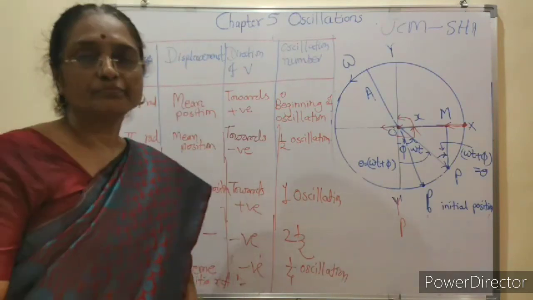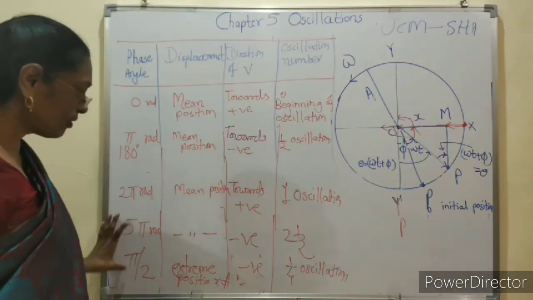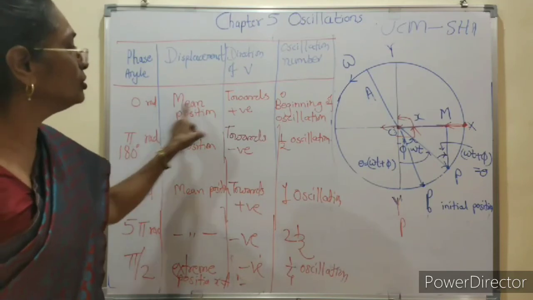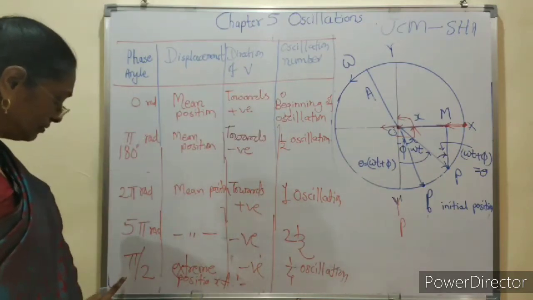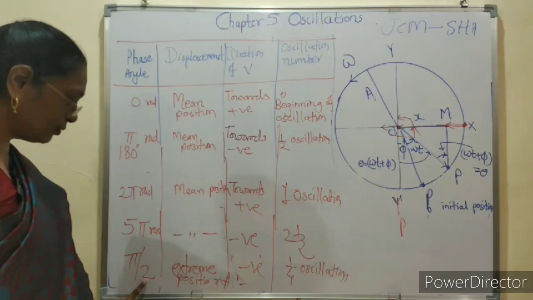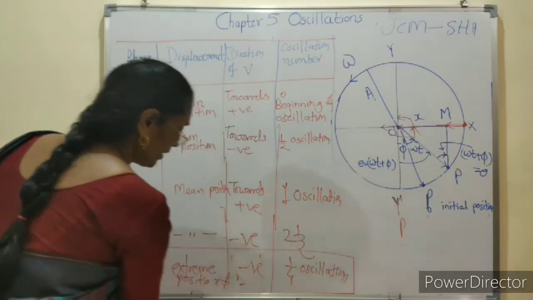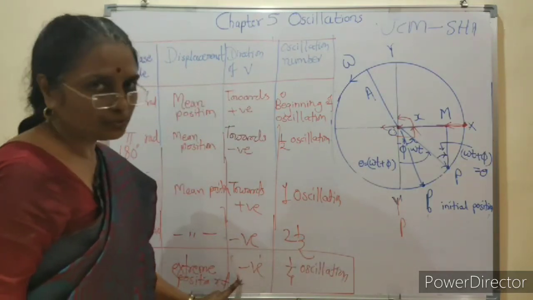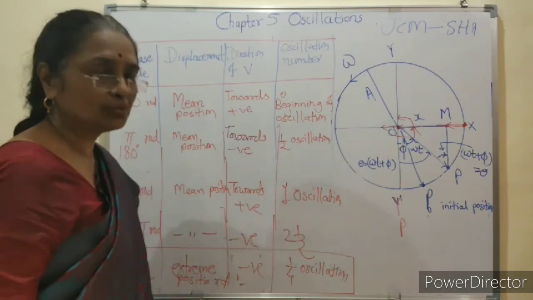So such description we can give for the angle. If we have the angle, at a glance we have to know all these 3 points. If the angle is pi by 2, at a glance we have to know that only 1/4 oscillation is completed, negative direction for velocity, and particle is at extreme position.